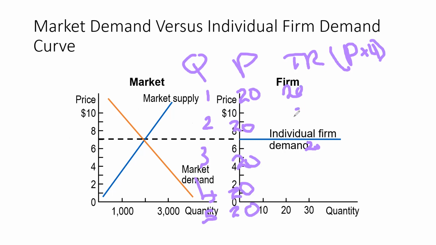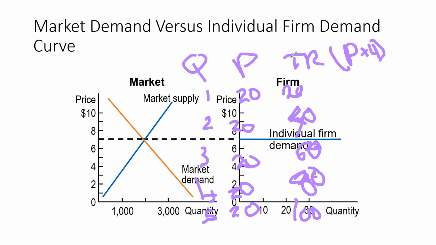So 20 into quantity means 20, 40, 60, 80, and 20 into 5 means 100.